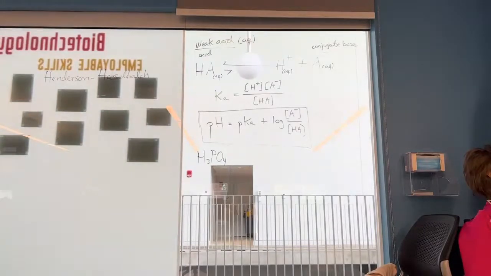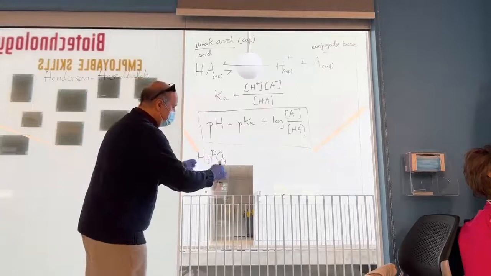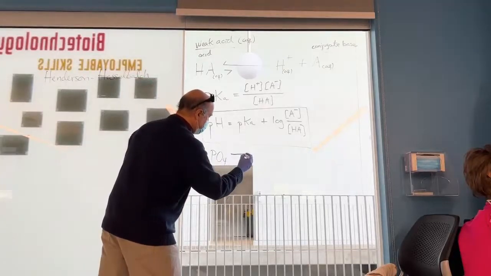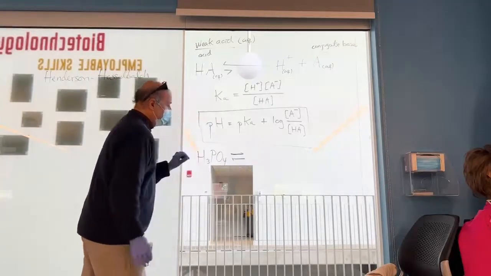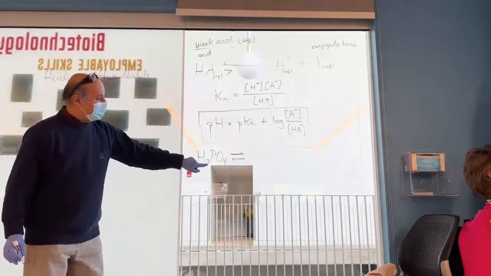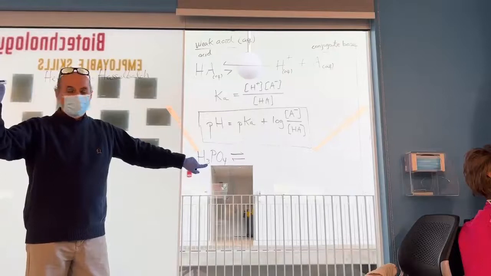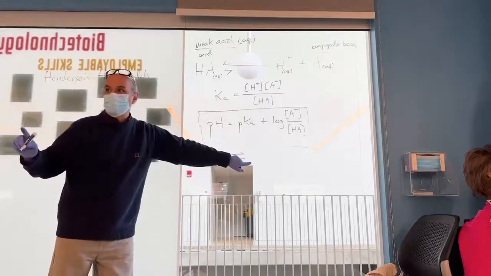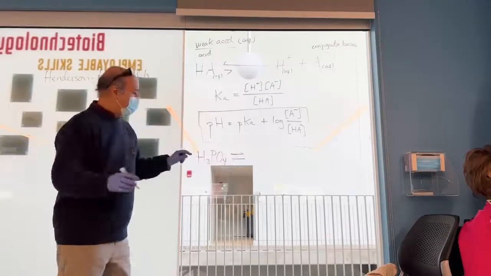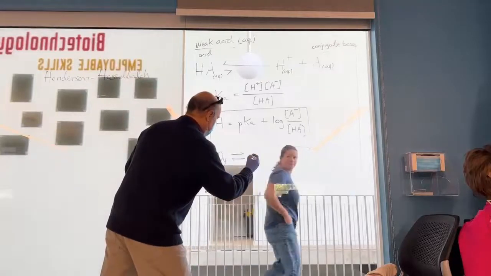It's actually somewhat strong. But it does have an equilibrium. It is not like hydrochloric acid. It doesn't fully dissociate. It partially dissociates. Now, when this dissociates, imagine what would result if I remove one proton, one H. What am I going to have on this side? Isn't it H2PO4 negative? Okay.